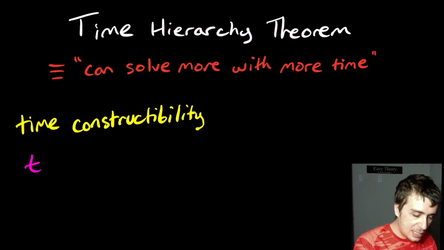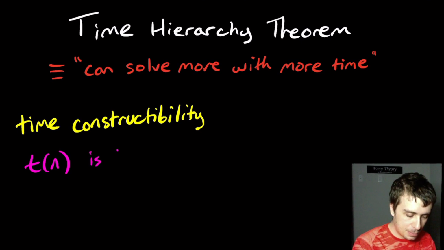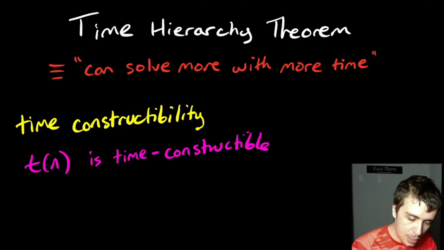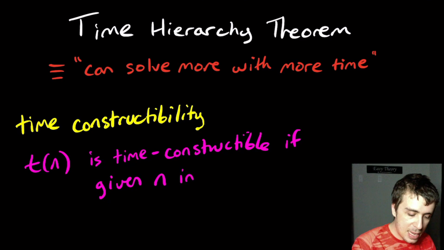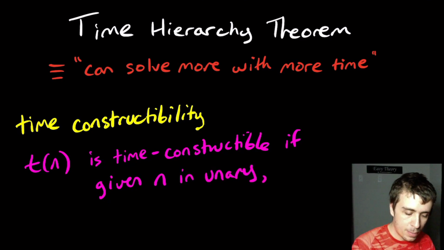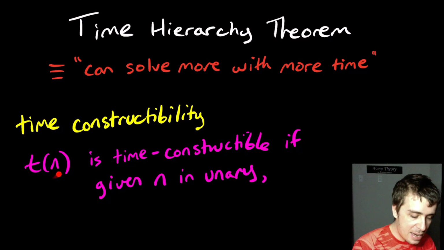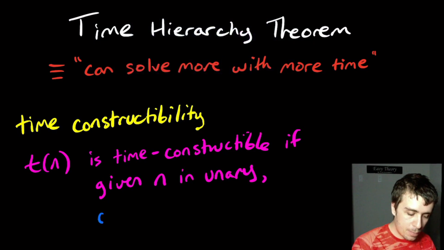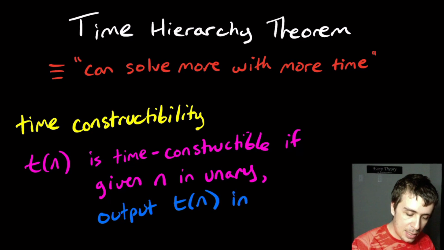So we're going to say that t of n, so that's a function, is time constructible. So that's a definition. If given n in unary, although that's not as important, so we're given the number n as input in the unary notation, then what we're going to output is t of n in big O of t of n time.